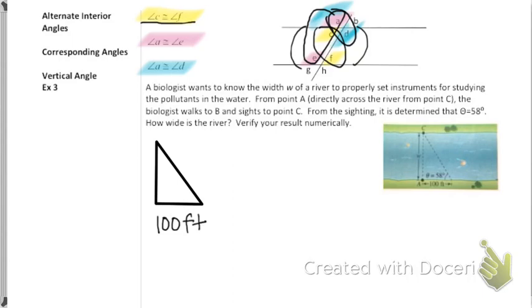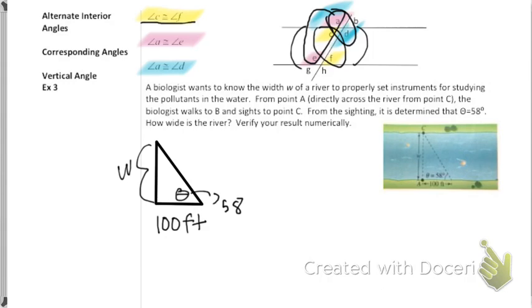The biologist wants to know the width W of the river, so we're trying to find this side. And this angle is theta, which equals 58 degrees. Now we're trying to find this side, W. So we use tangent.